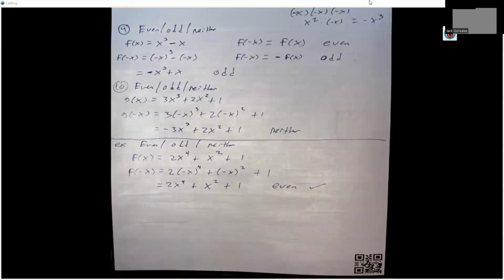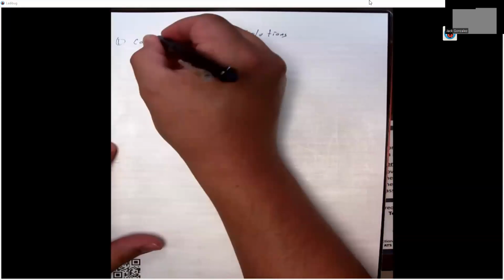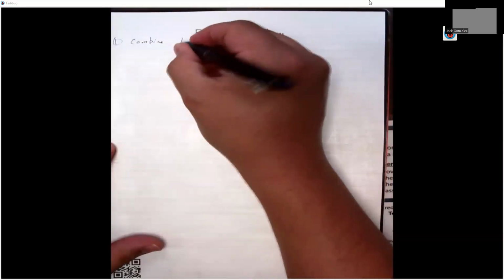Exam 2 solution. So number 1 was combine the logarithm.